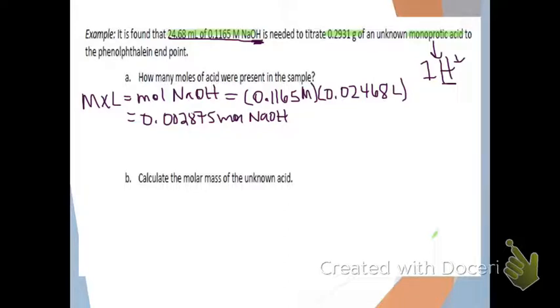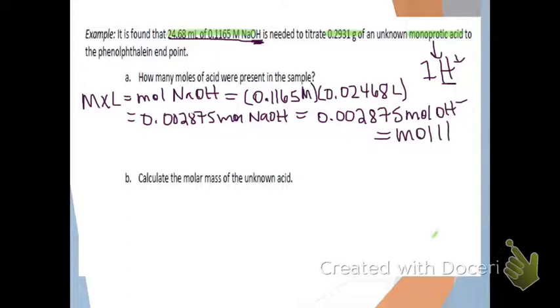In sodium hydroxide, there is one hydroxide, so our moles of sodium hydroxide is equal to the moles of just the hydroxide. We titrated to the end point, which should be, if we did the lab correctly, the equivalence point. At the equivalence point, moles of OH- is equal to moles of H+.